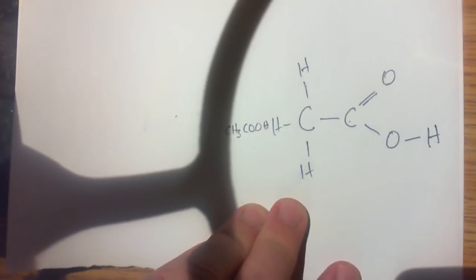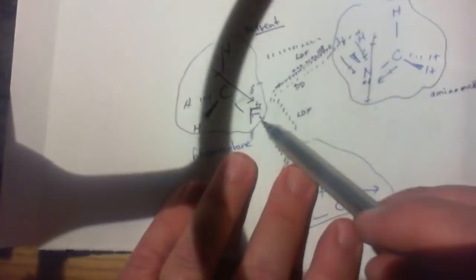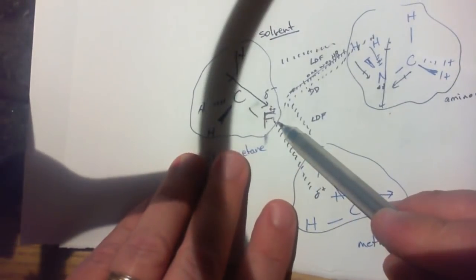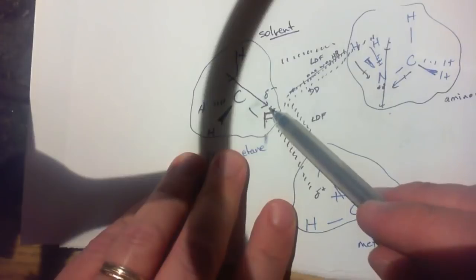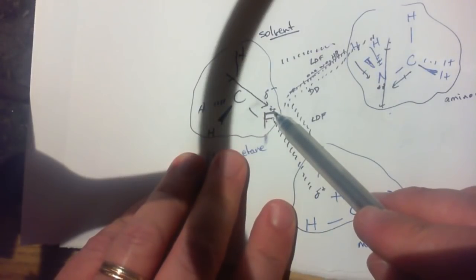That's right. They don't need to be connected to a hydrogen. So if we go back to this example, this fluorine is not bonded to a hydrogen, but because it has lone pairs, it can receive a hydrogen bond.